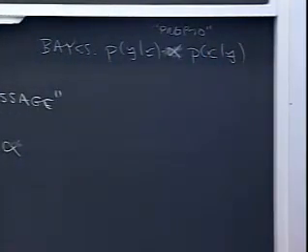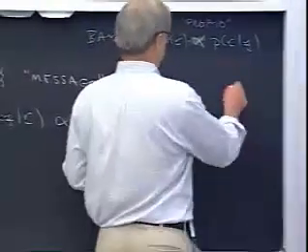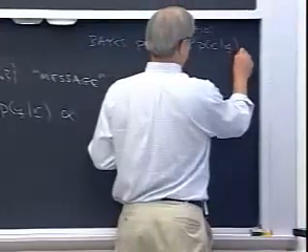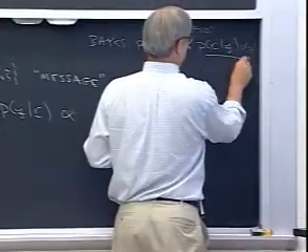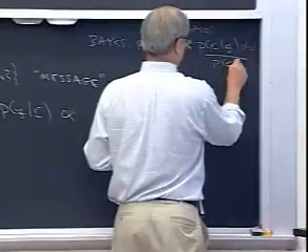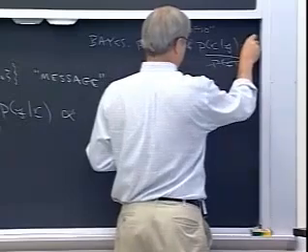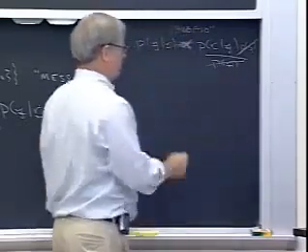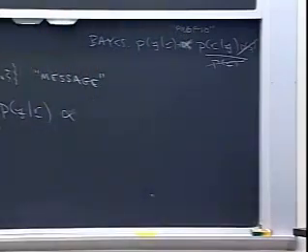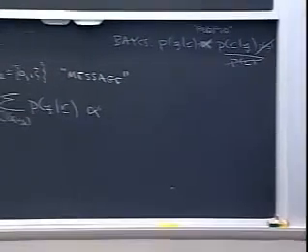In other words, the a posteriori probability of a code word is proportional to the probability of r given y. Why? Because by Bayes, it's actually equal to that times probability of y over probability of r. But this is the same for all of them. If the code words are all equiprobable, these are the same for all of them. So it's just proportional to the likelihood of getting r given that you transmitted y.